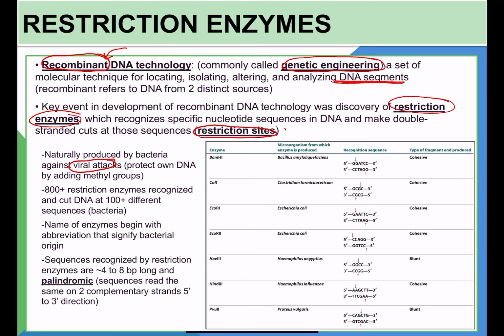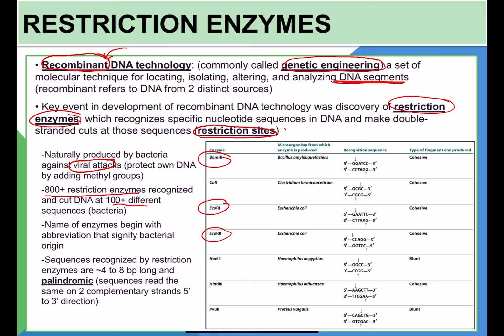To this day, more than 800 restriction enzymes have been discovered from bacteria, and they cut DNA at more than 100 different unique sequences. And that's why these restriction enzymes have weird names like BamHI or EcoRI, EcoRII, EcoRIII, etc. They're all named after the bacteria they were originally discovered in.